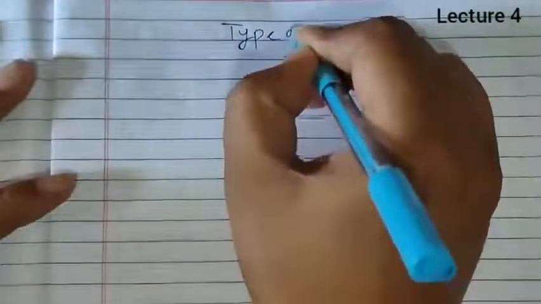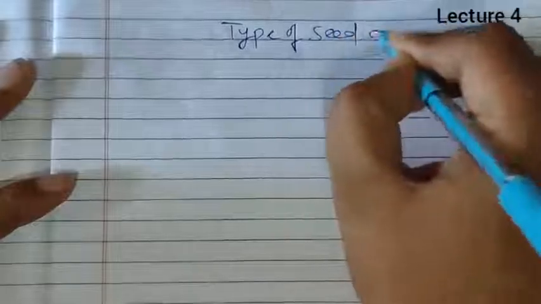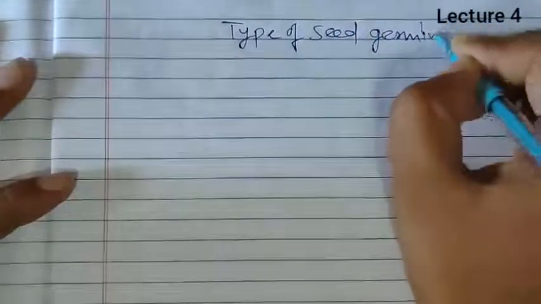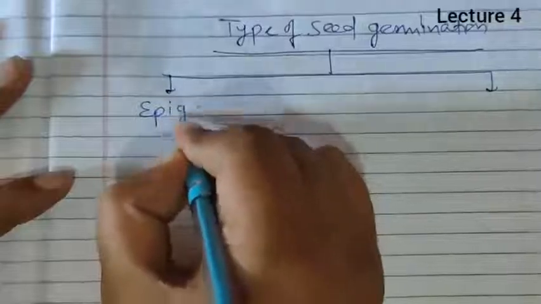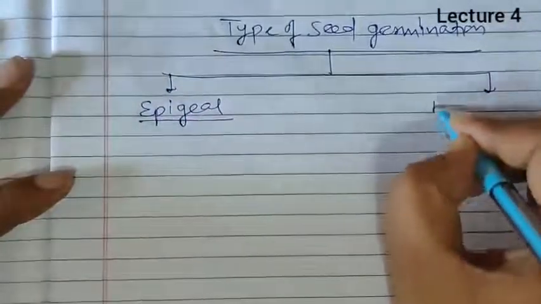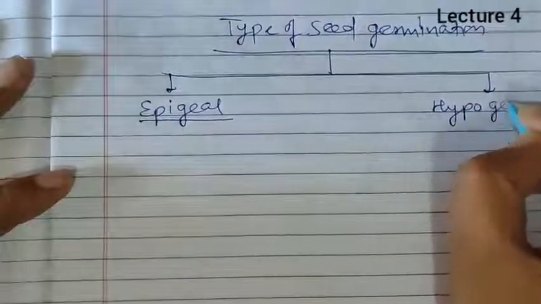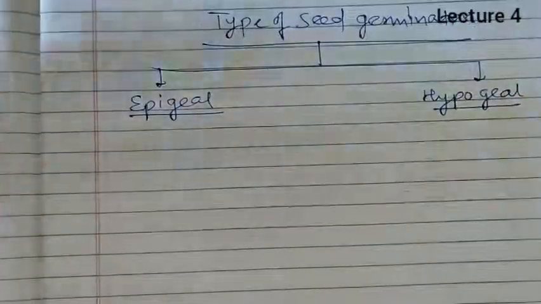So when we talk about type of seed germination, there are two types: epigeal and hypogeal.